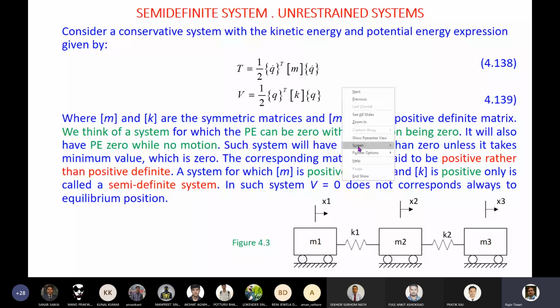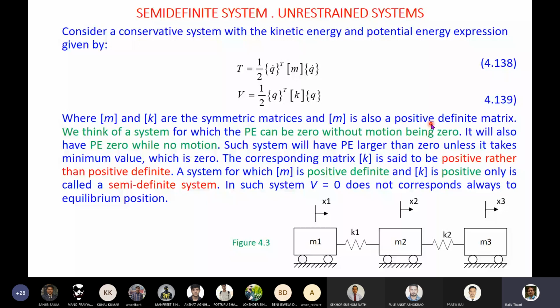M and K, we are taking symmetric till now. And the mass matrix is always positive definite, because kinetic energy becomes zero only when there is no velocity.